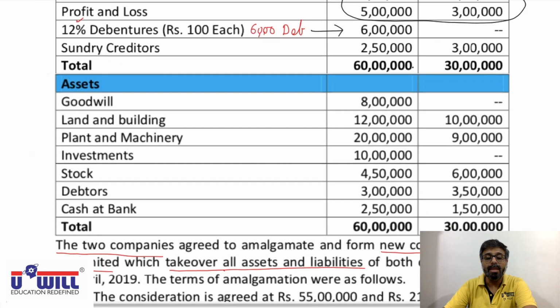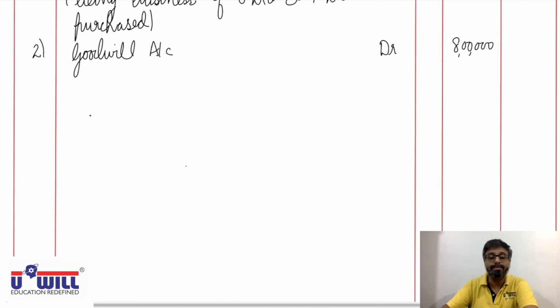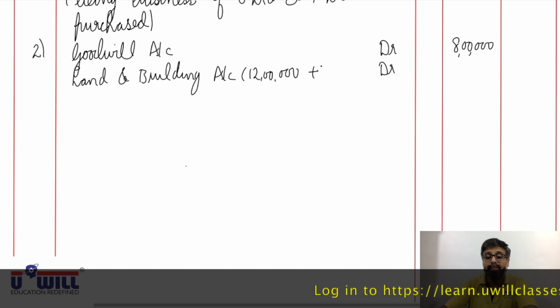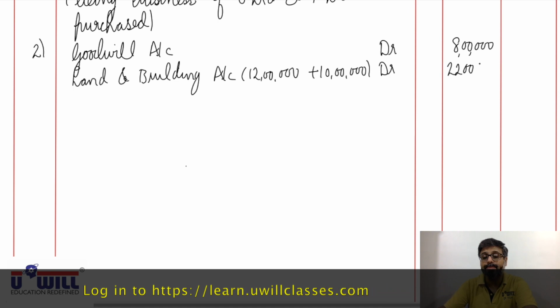Then land and building account debit with 12 lakhs of O Limited plus 10 lakhs of P Limited, 22 lakhs.